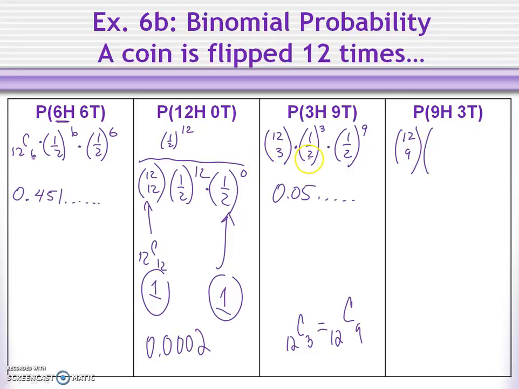And now heads is just as equally likely as tails, so now it's going to be the probability of heads to the 9th power and tails to the 3rd power, which, again, numerically, these are equivalent. So it is equally likely to get 9 heads and 3 tails as it is to get 3 heads and 9 tails. So that is how you use the binomial expansion to calculate the probability of a repeated complementary experiment.